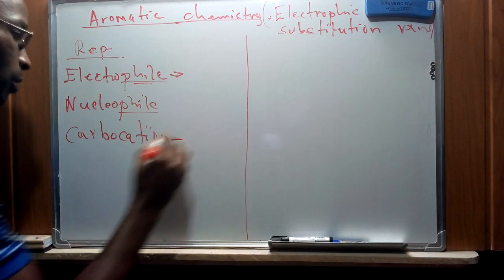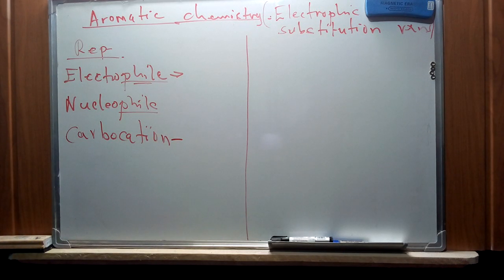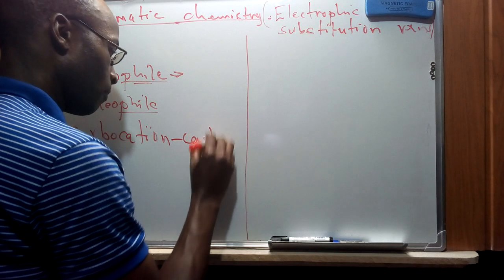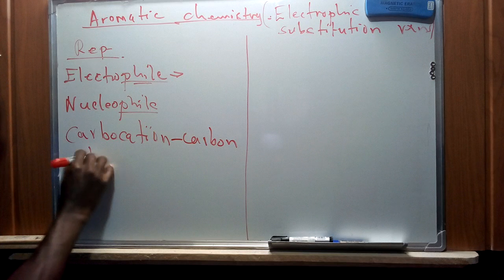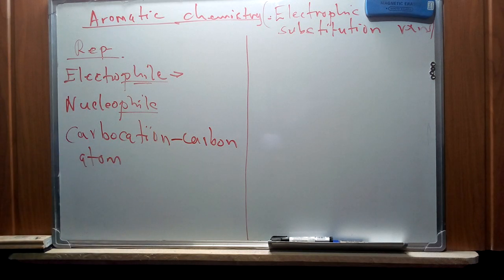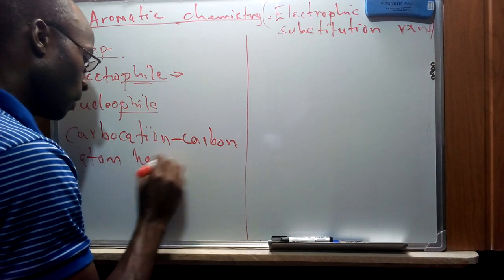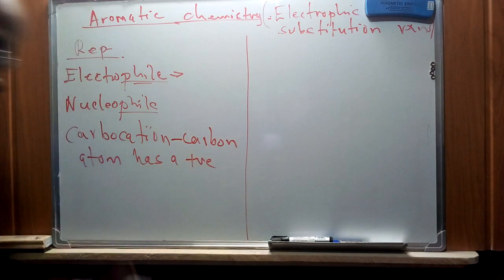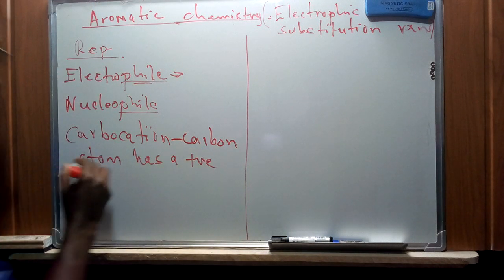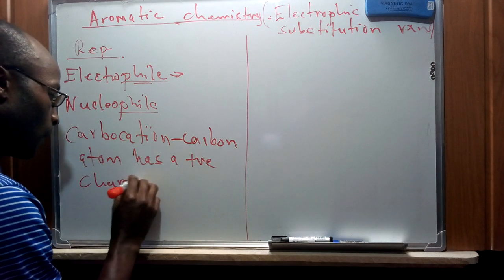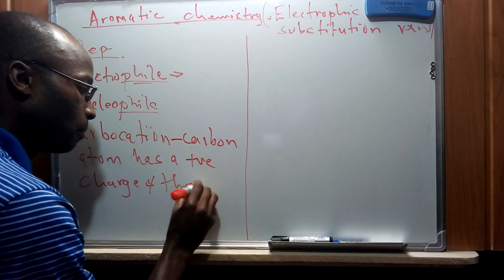When we talk about a carbocation, this refers to a carbon atom that has a positive charge and 3 bonds.